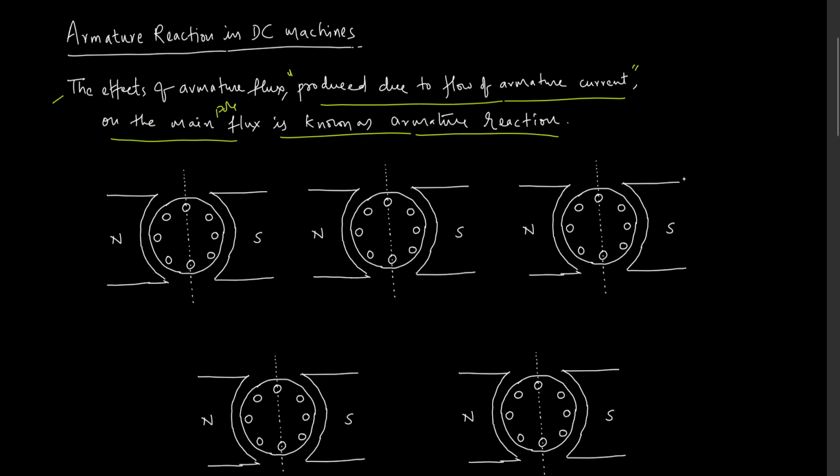The definition says that the effect of armature flux, produced due to the flow of armature current, on the main pole flux is known as armature reaction.